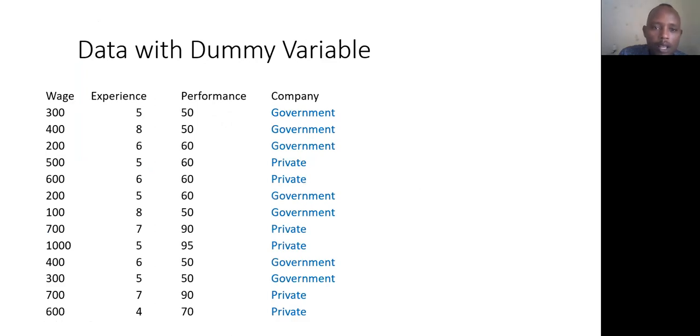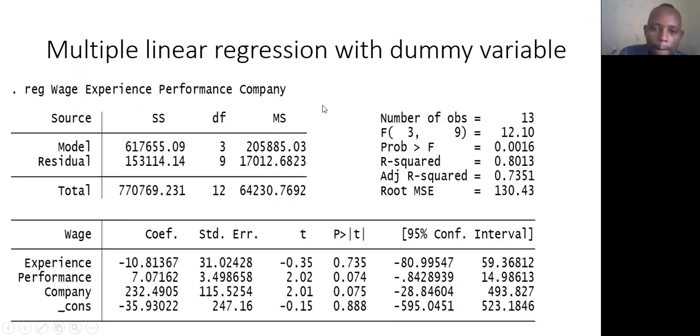Let us include an additional dummy variable. Company, the type of company, whether the company is a private company or a government company. When we include company, here it is also significant.